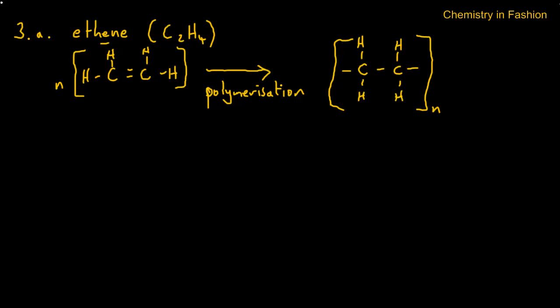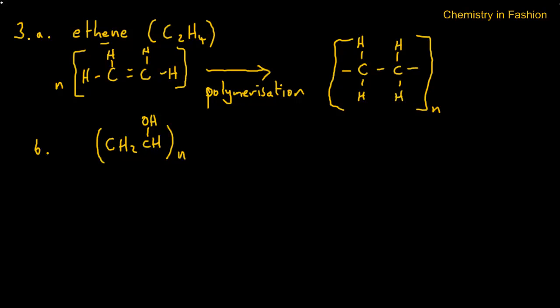3B asks, what is the empirical formula of PVOH? Now we were given, in the text, CH2, CH with an OH, that makes it an alcohol again, and we know that's n.